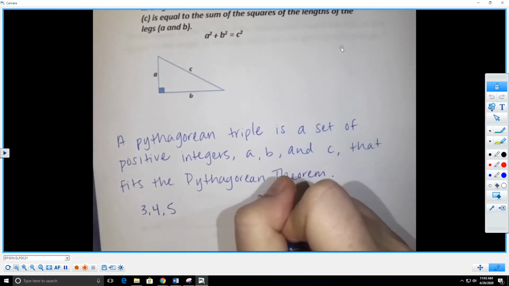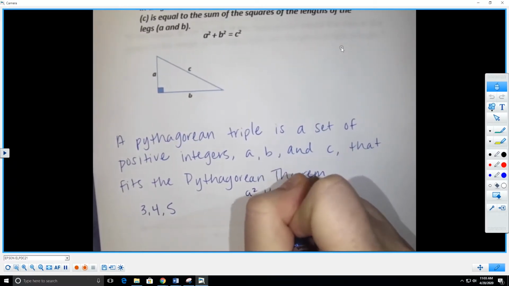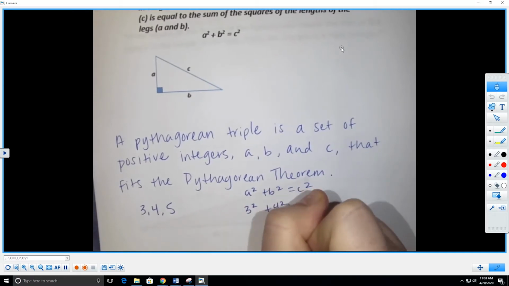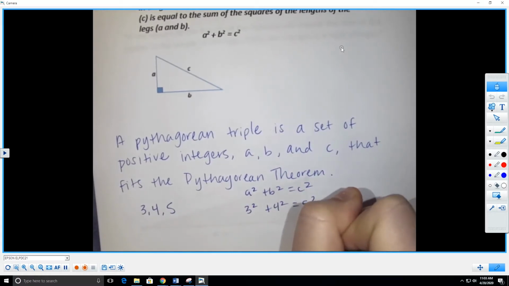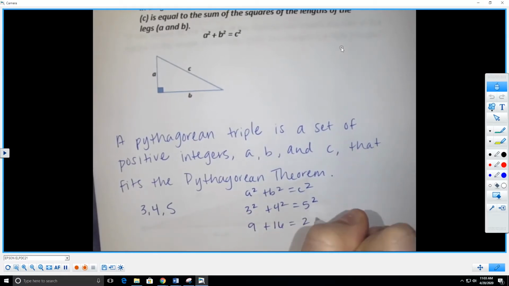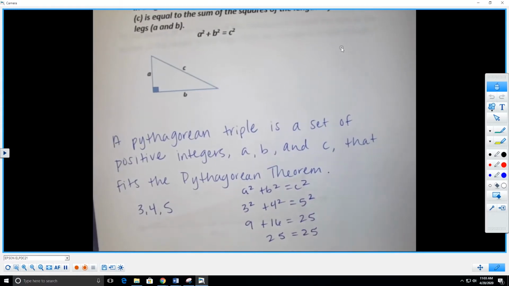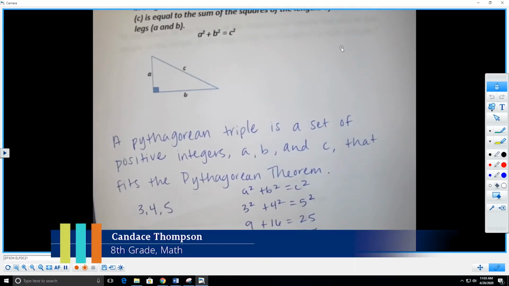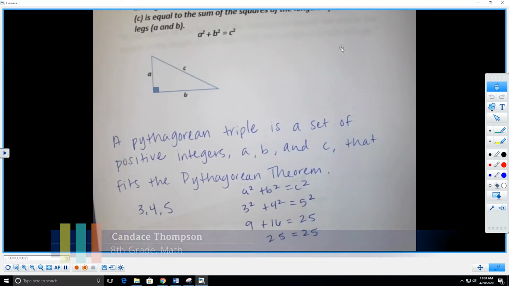So we have A squared plus B squared equals C squared. 3 squared plus 4 squared equals 5 squared. 9 plus 16 equals 25, and 25 equals 25. So yes, this creates a true statement. So since 3, 4, and 5 are integers, this set of side measures is a Pythagorean triple.